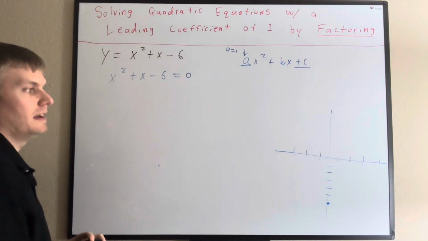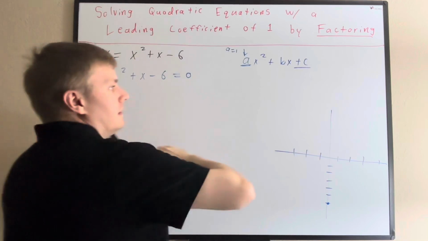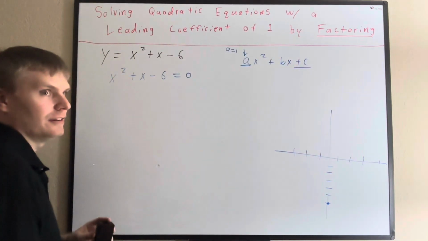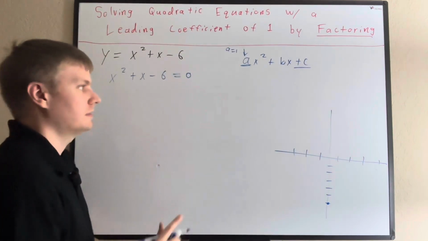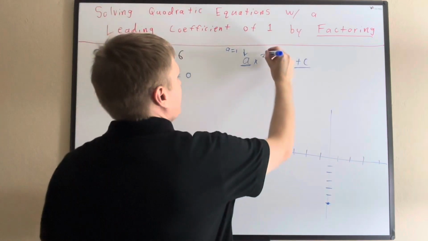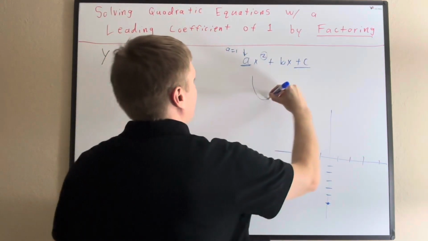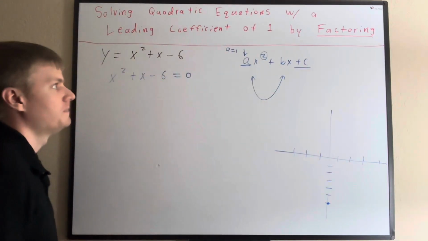So there's our y-intercept. But we don't have a line here. We don't have a nice slope, just constant slope going down or up, just a straight line. No. Here, with this quadratic equation, we get a parabola graph.